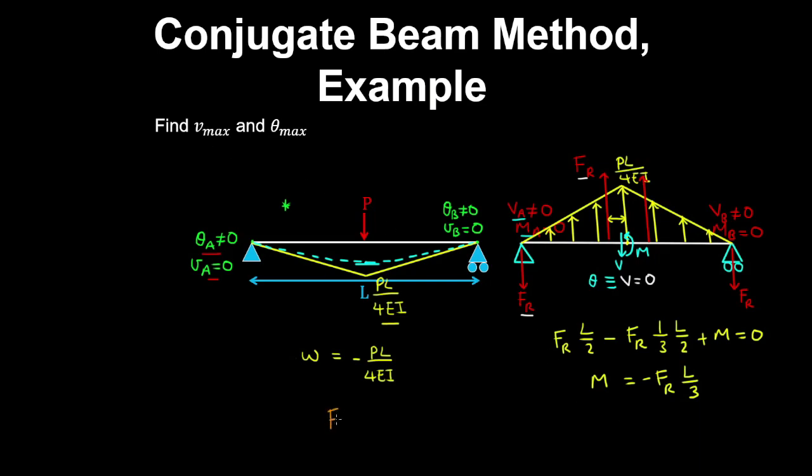And the magnitude of the force resultant is equal to 1/2 by the base of the triangle, which is L on 2, by the height, which is PL on 4 EI. So that gives PL squared on 16 EI. And if we substitute for the force resultant, we get minus PL cubed on 48 EI.